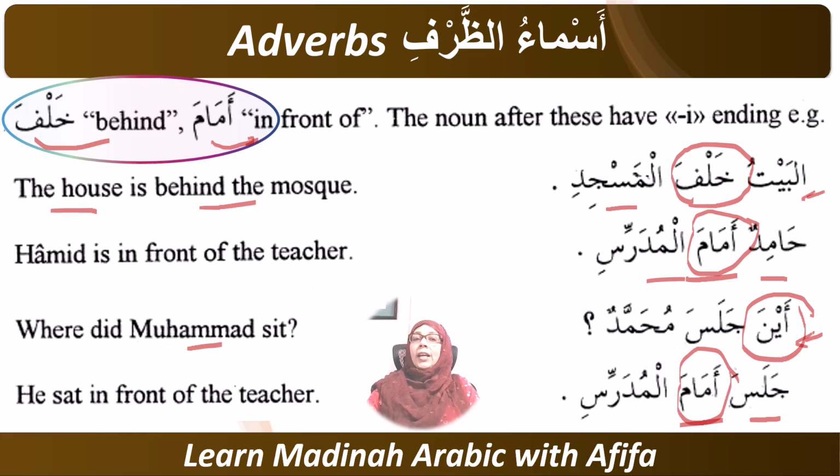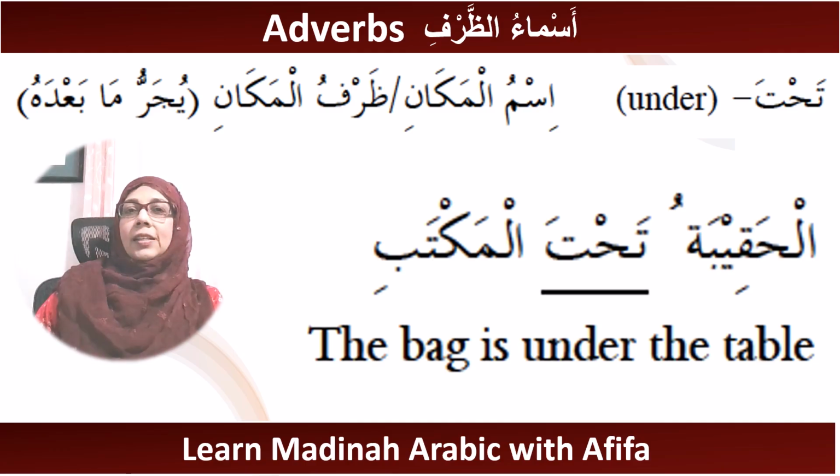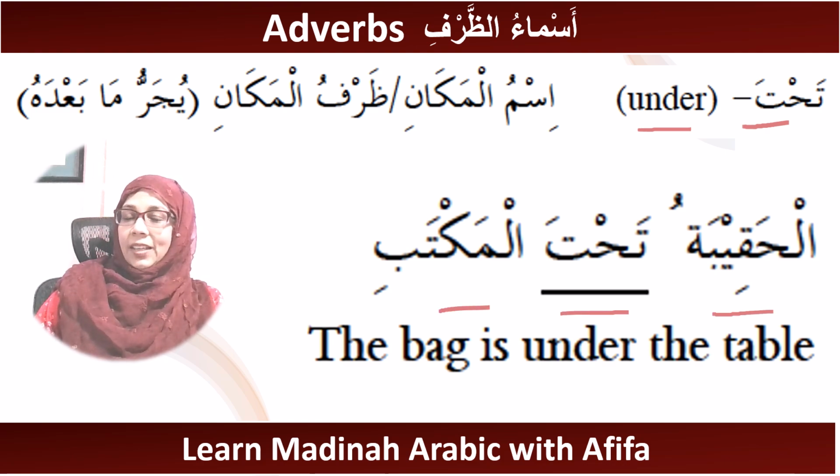So we looked at these two adverbs of place, khalfa and amama. We do an example with this adverb tahta, which means under. In this sentence, al-haqibatu tahtal maktabi. It means the bag is under the table.